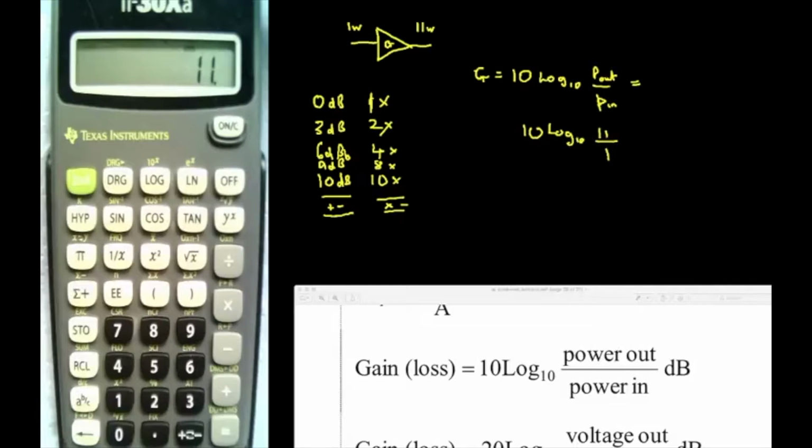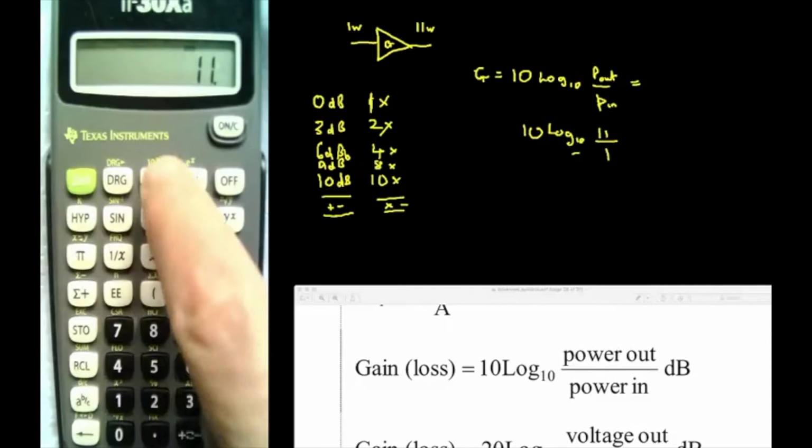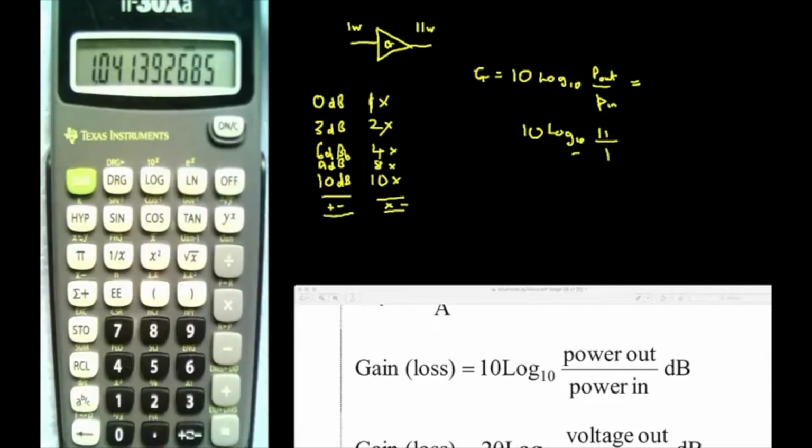Now we need to find out the log of 11. So we press the log button, and it says 1.04. And now we need to multiply that by 10, times 10 equals. So that's 10.4 dBs.